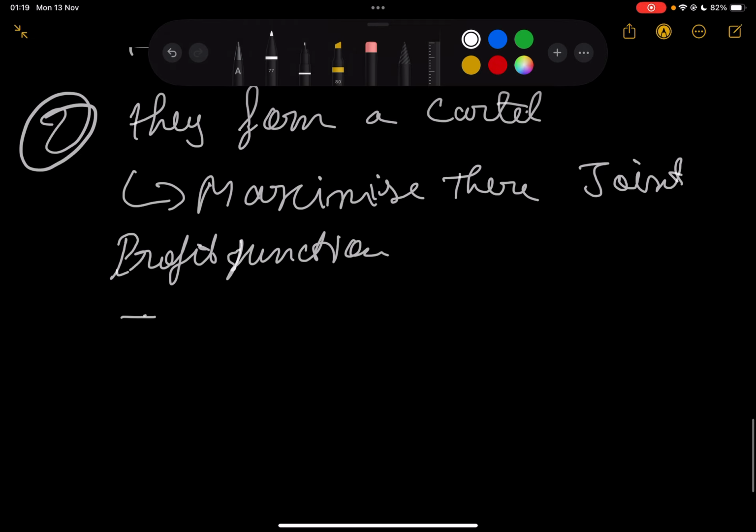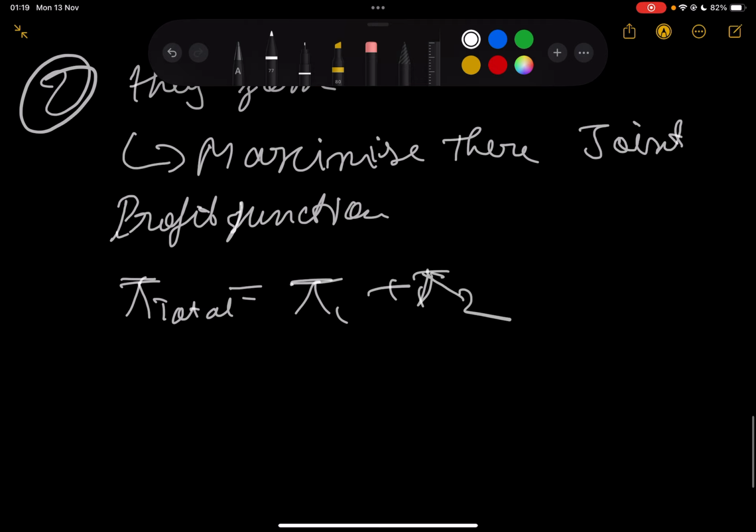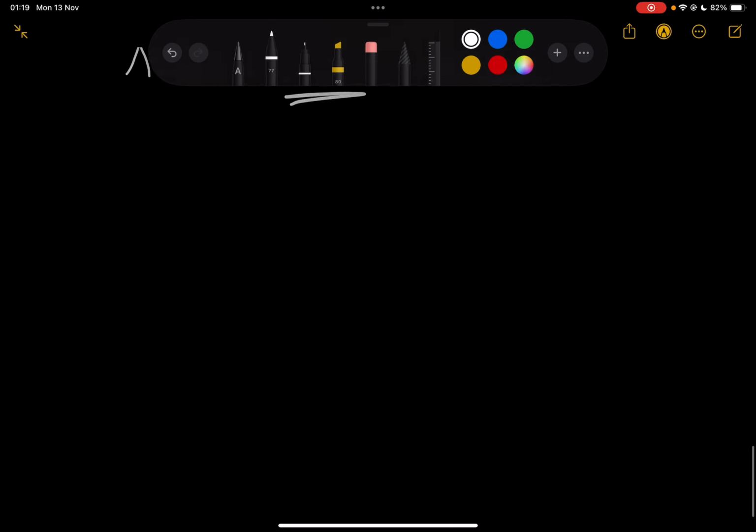So the total profit they're going to produce will be pi 1 plus pi 2. I hope you guys know pi 1 is the profit for firm 1 and pi 2 is the profit for firm 2.